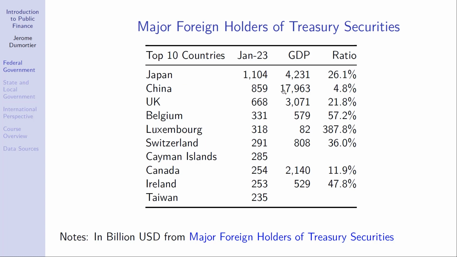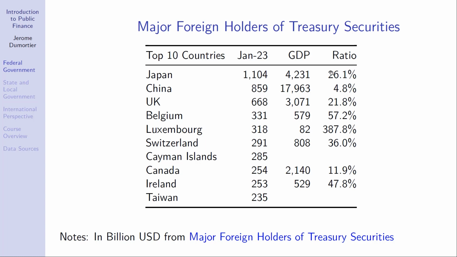Note that I have also included the gross domestic product of the countries holding the debt. And you can see that for some of those countries, a significant share is actually held. So for example, Japan has a GDP of $4.2 trillion and they hold $1.1 trillion in US debt, and hence that represents about 26.1%.